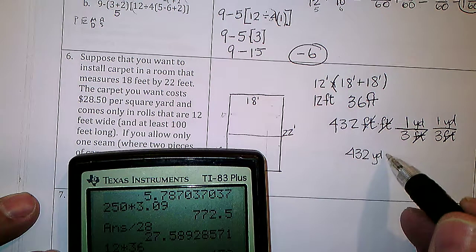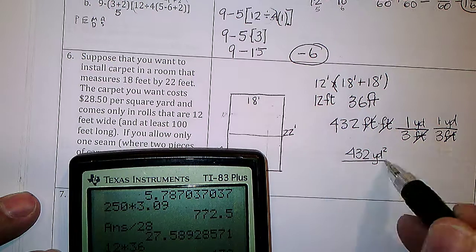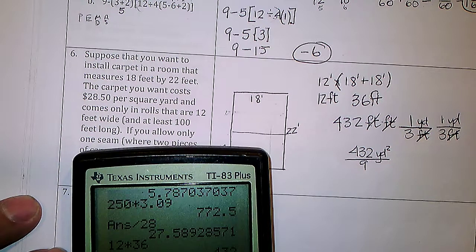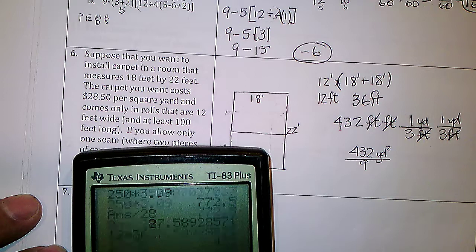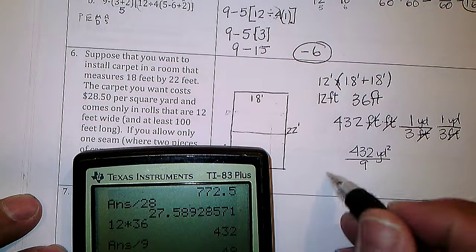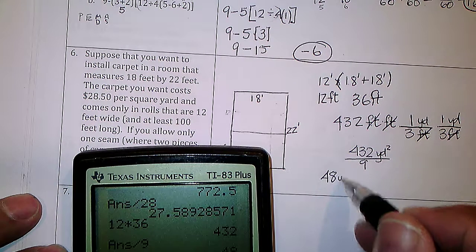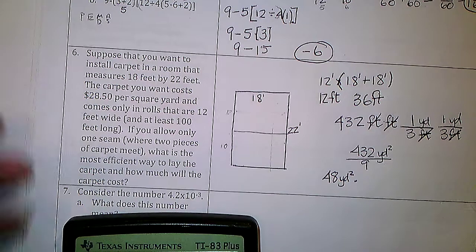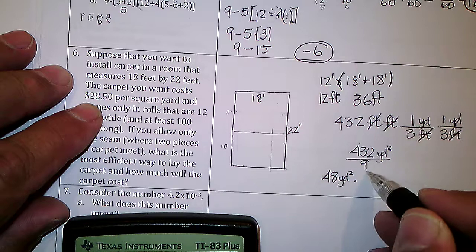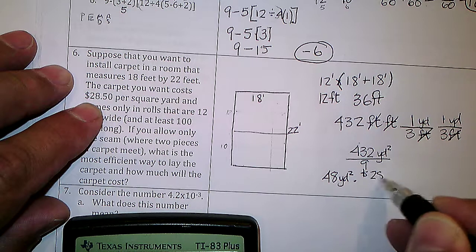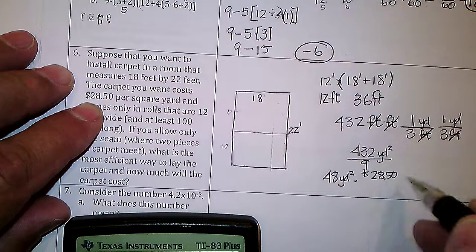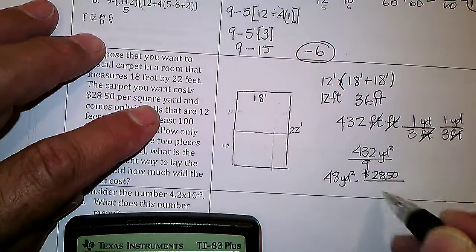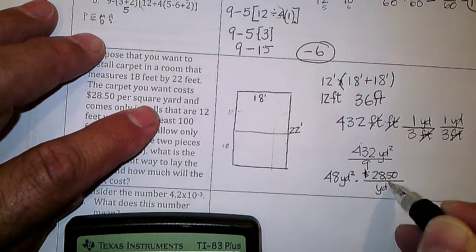Yard squared over 9, no units. So if I divide by 9, I get 48 yards squared. Now showing my units, it's $28.50 per yard squared.